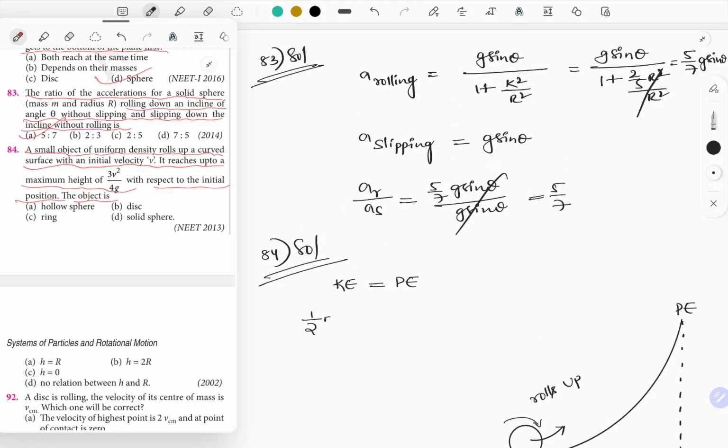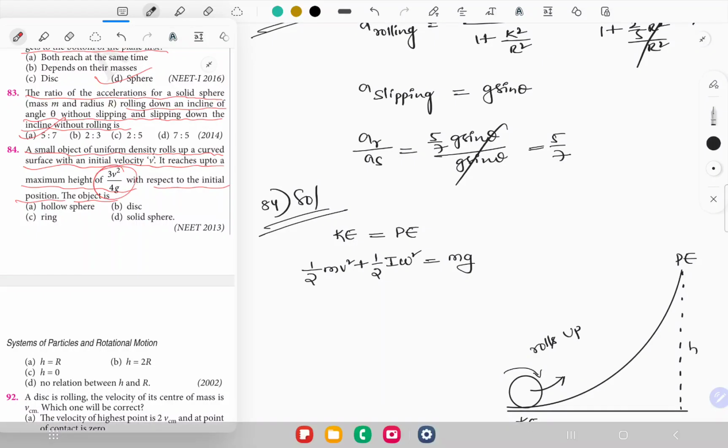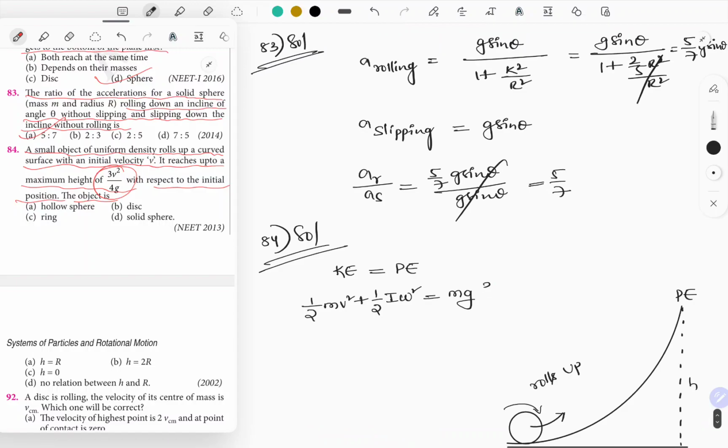That is 1 by 2 mv square plus 1 by 2 I omega square, which is equal to potential energy. Potential energy is m g h. The h value is the maximum height, which they have already given: 3v square by 4g.